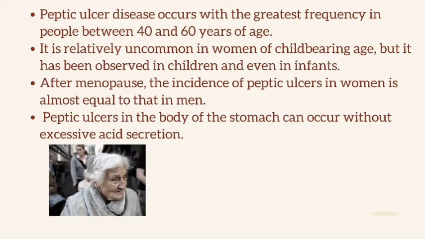Apart from that, women of childbearing age and children as well as infants are also observed with peptic ulcer. And women who have faced the menopausal period have an incidence of peptic ulcer equal to men. Okay, and peptic ulcer in the body of the stomach can occur without excess acid secretion.